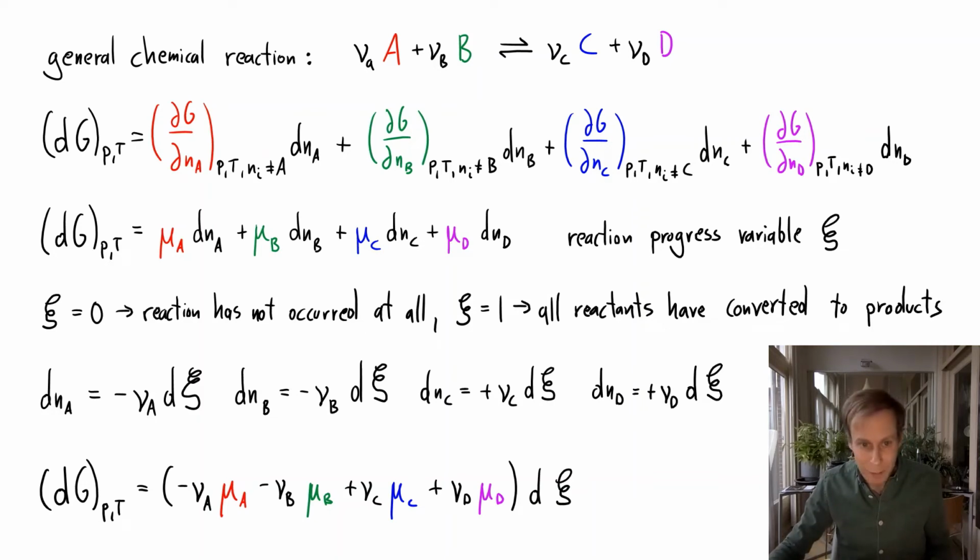So you see I plugged in these expressions for the different amount of moles, the change of the moles, and then factored out the change of the squiggle parameter, right? Okay.